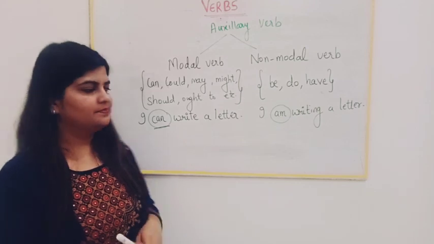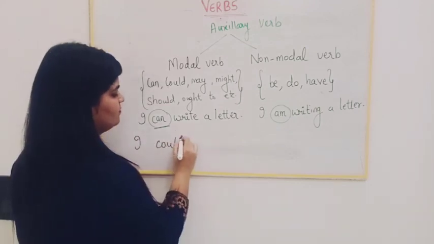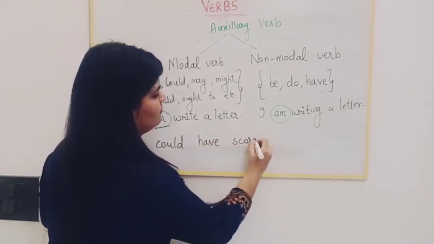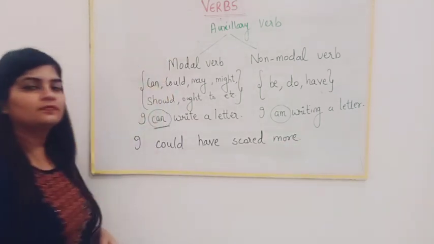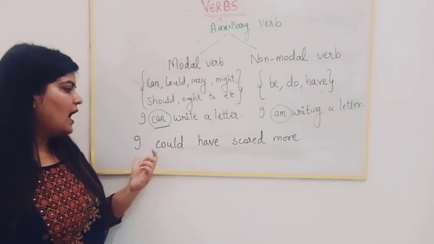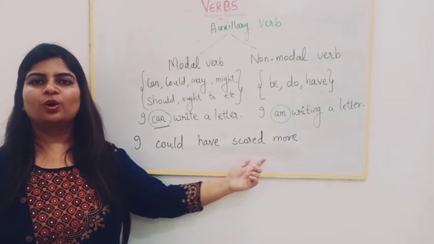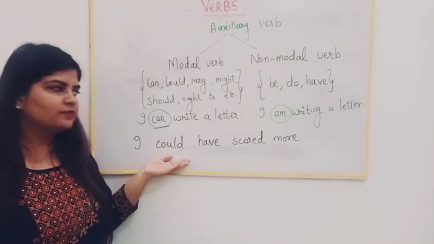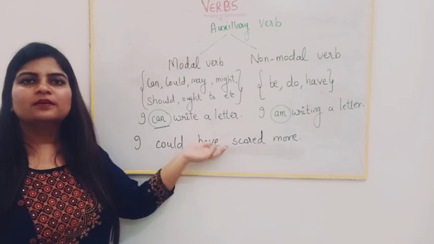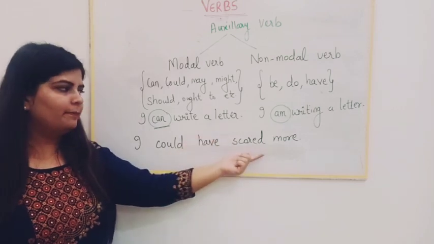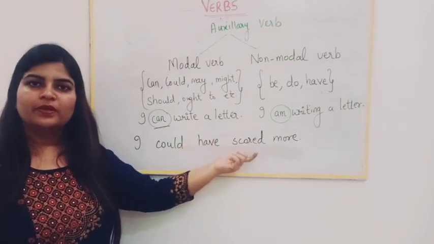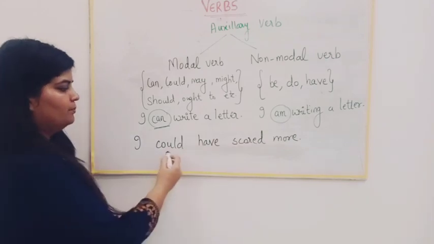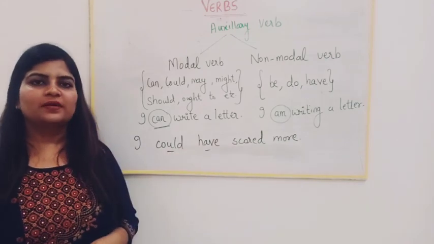For example, I could have scored more. Now this could is a modal verb, have is the non-modal verb, and the main verb is score. So you have used both the verbs and formed a sentence.